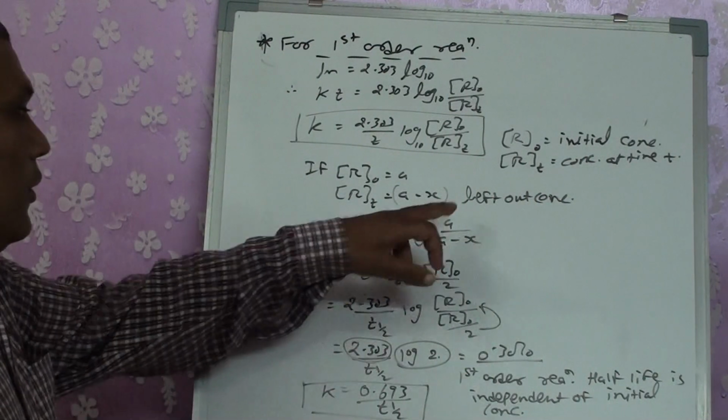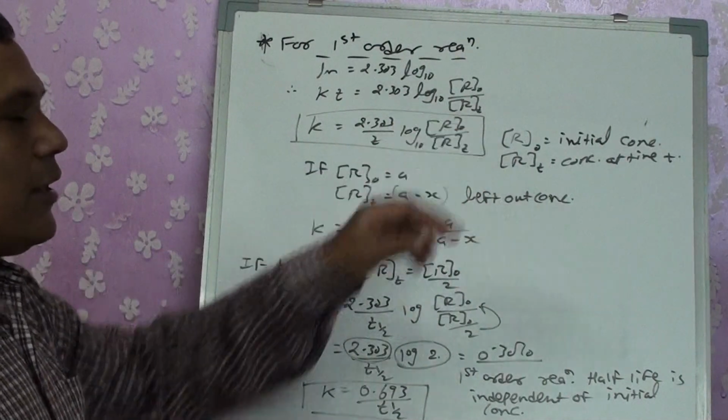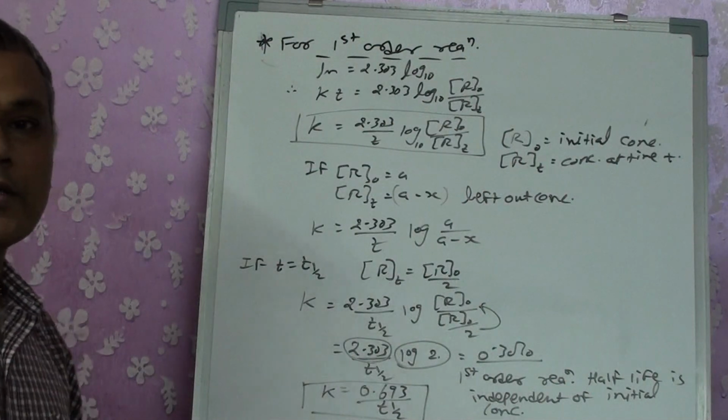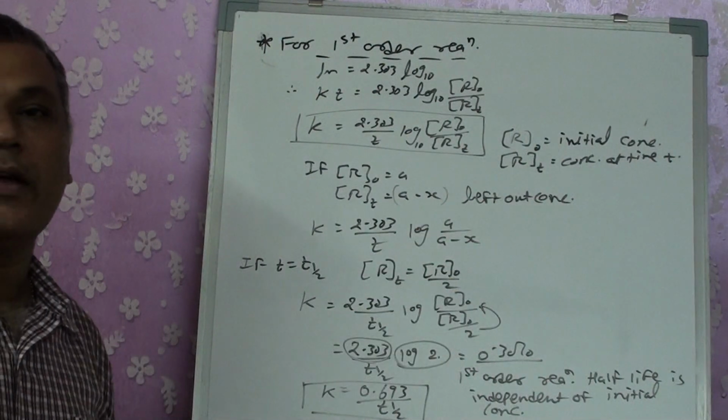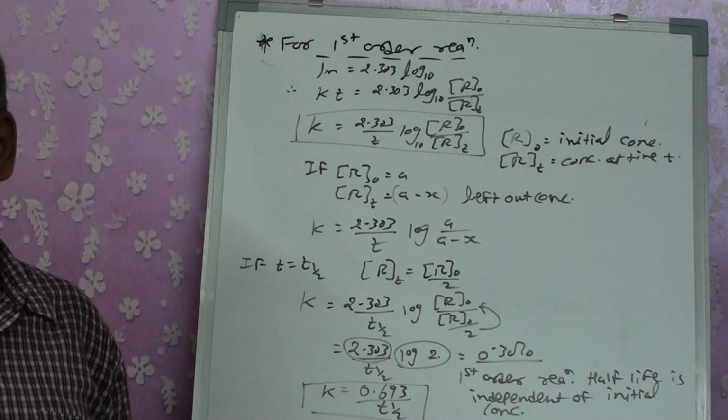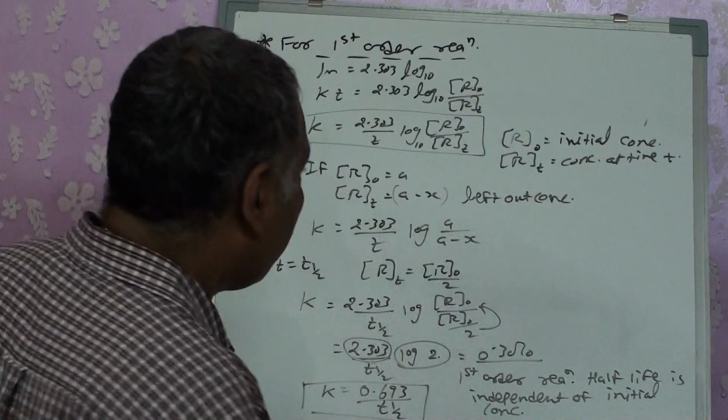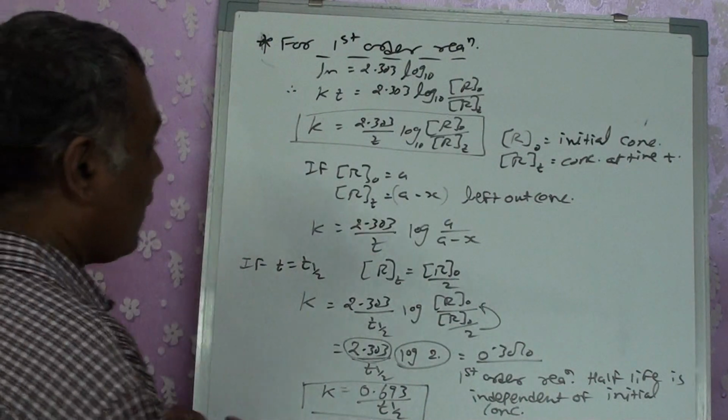Integrated rate equation. But again, small changes are there for it. We are doing it for solutions, so we got A upon A minus X. But if we are having a gaseous component in the reaction, then we are going to get a small change.